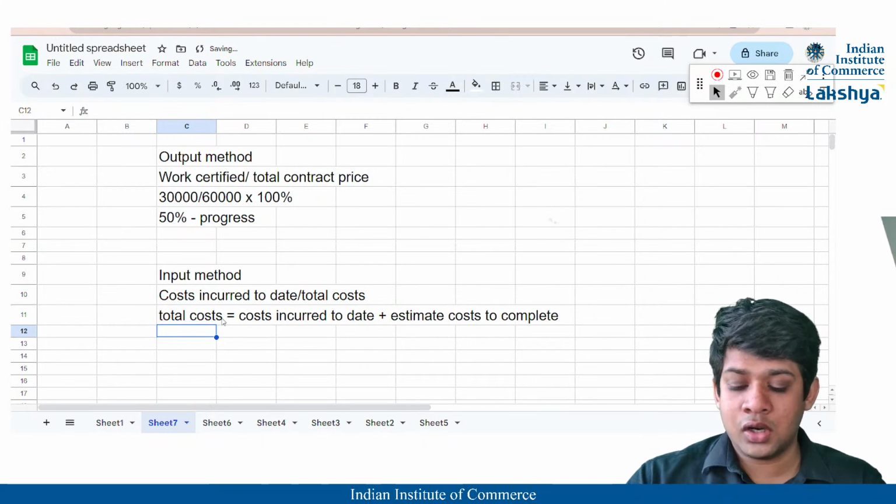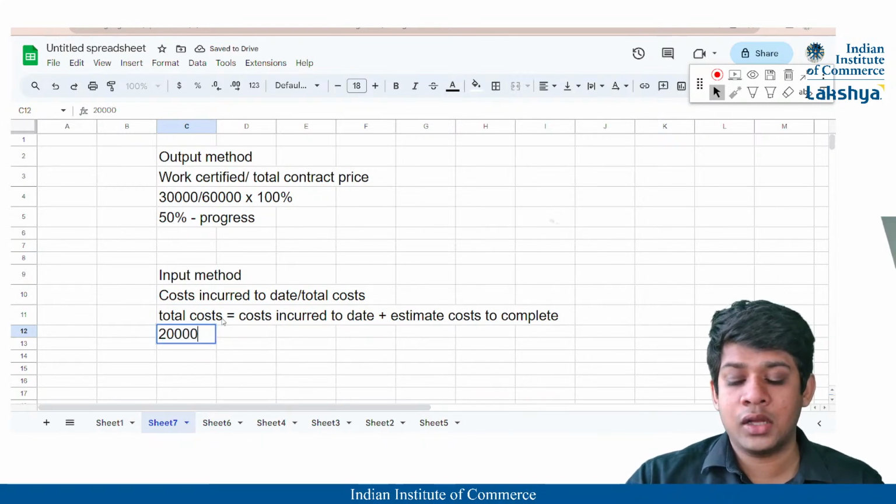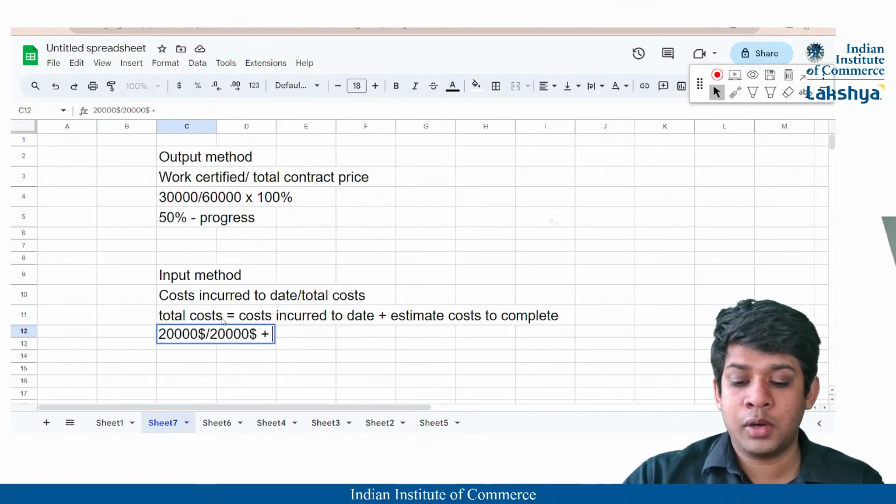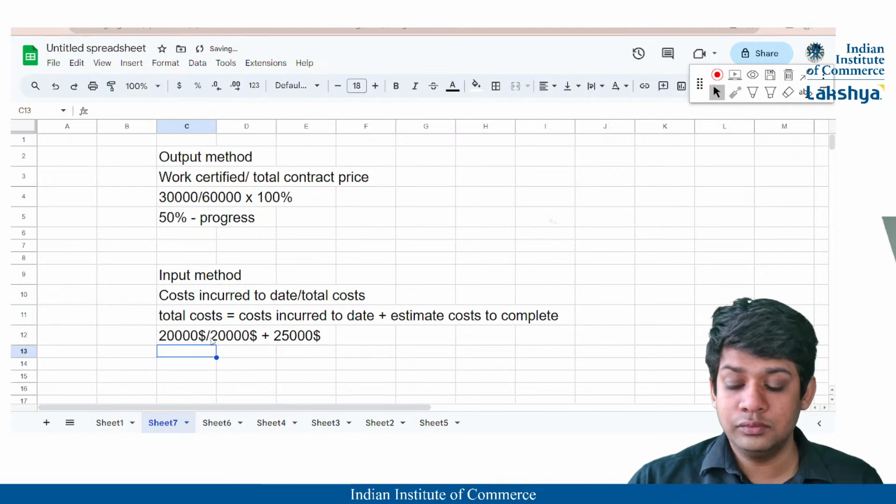So maybe say that cost incurred to date, as I said, were $20,000, divided by $20,000 plus I would probably think that I would incur $25,000 more. So my total costs are going to be 20 plus 25, that is 45.